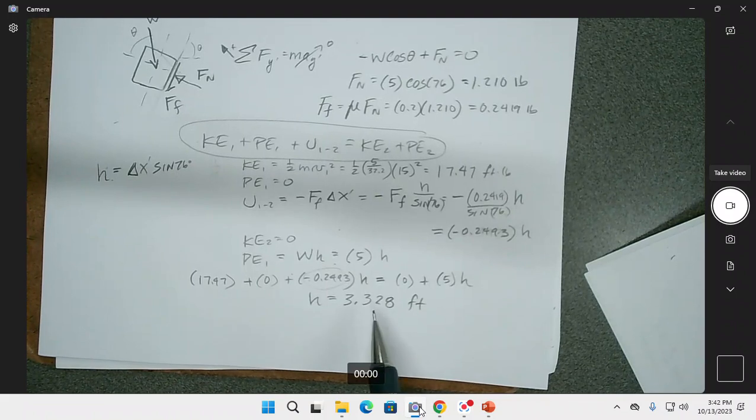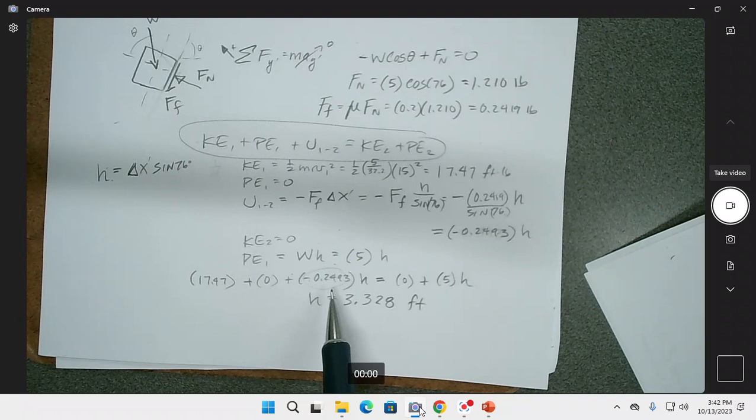It's kind of a trade-off. Really, the friction didn't matter all that much, because you can see that this right here goes on the other side and adds to it, and then you divide it out further to make a smaller number.